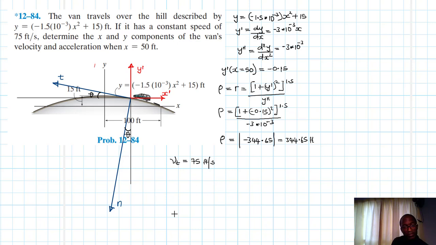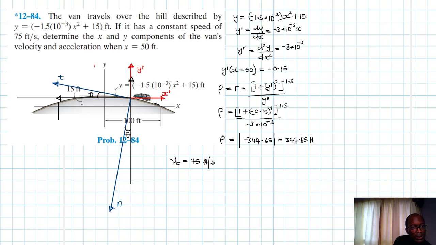Since we know our VT, we are able to calculate the components in the X and in the Y. So we are going to have one component in this direction, another component in this direction, and another component in this direction like this. So let's work them out.